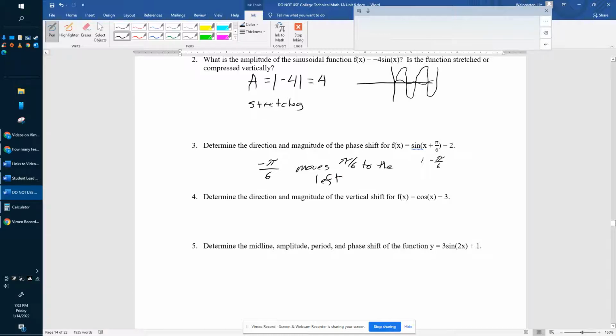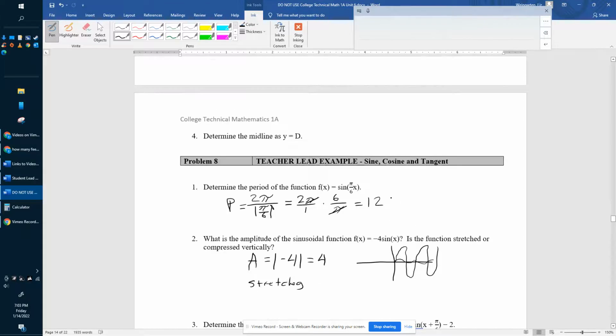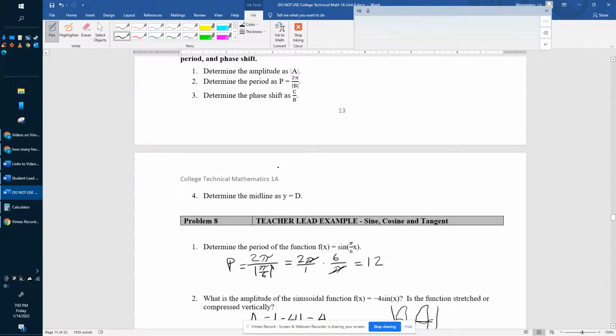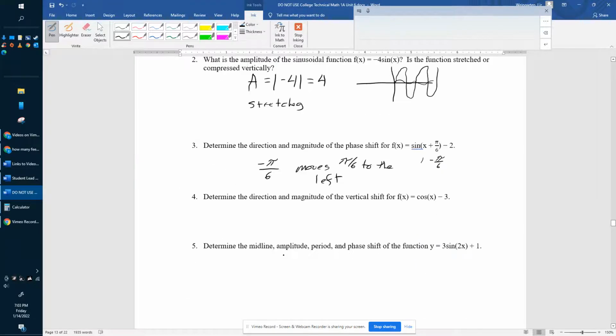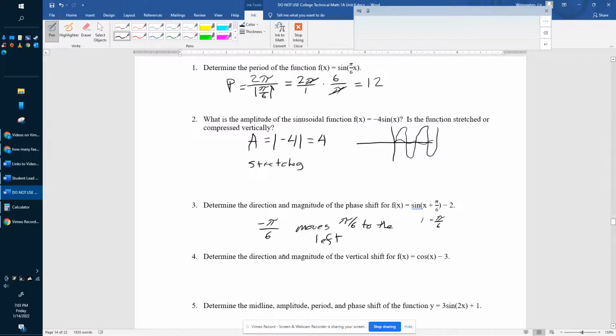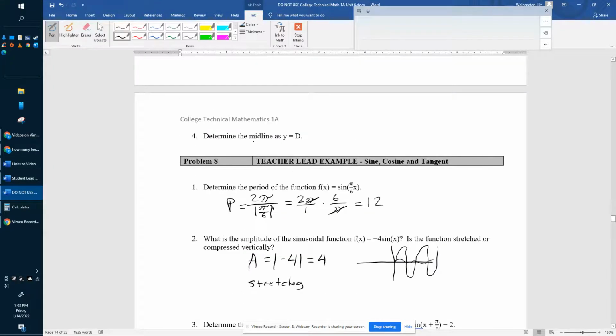Determine the direction and magnitude of the vertical shift for f of x equals cosine x minus 3. All right, vertical shift. Well, there's nothing that says vertical shift. But when I think vertical shift, it means that the entire graph is either moving up or down, and that matches with determining the midline.